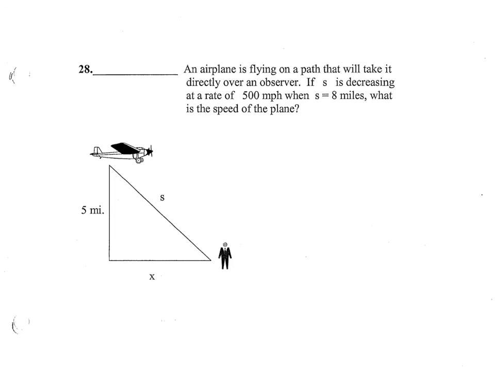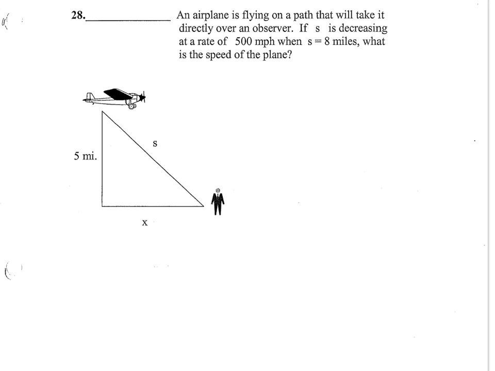Alright, now, last question here. Let's see, a plane is flying on a path that takes it directly over the observer. S is decreasing. Okay, so S is decreasing, so that means ds over dt is equal to negative 500. And it said when S is equal to 8.